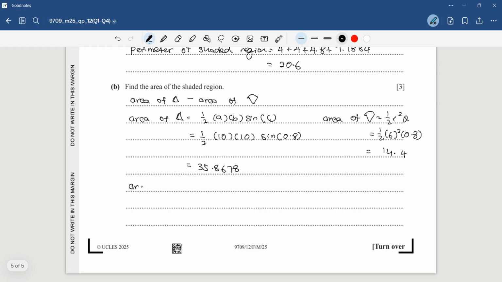Therefore, the area of the shaded region will be 35.8678 minus 14.4. So you'll get 21.5.